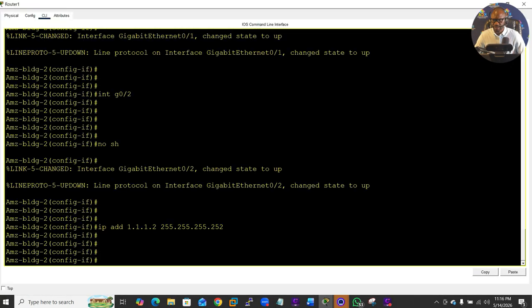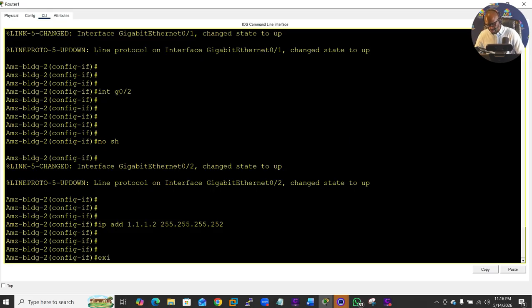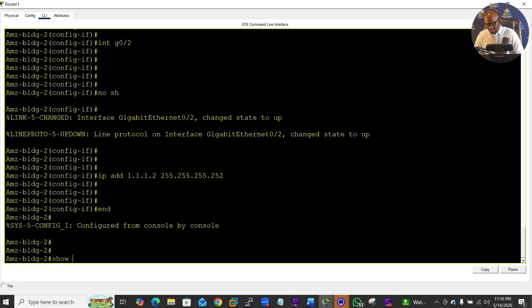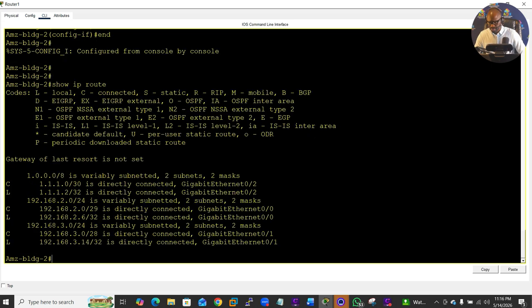Okay. So if we run the show IP routes, we can see now that a new C is added in the route table. So now this router knows about network 1.1.1.0/30, which is directly connected over G0/2.